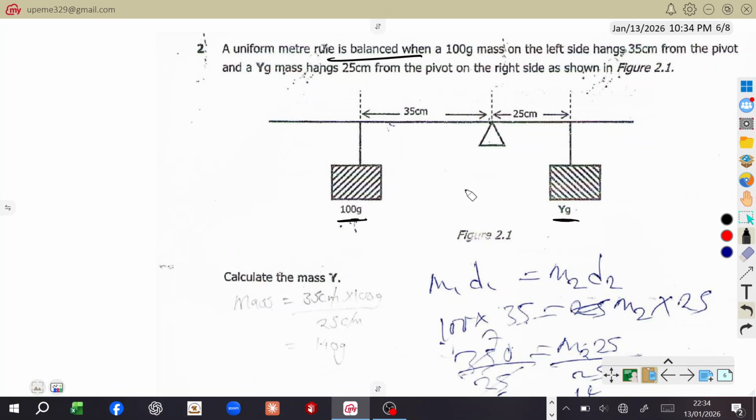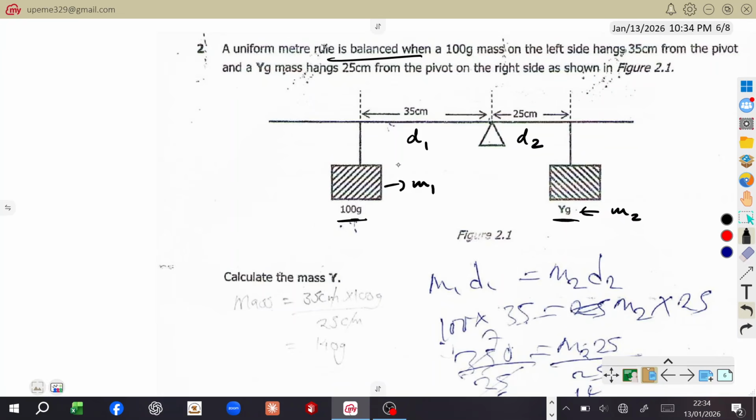So you consider this one as, let's say, mass 1. Its distance from here to the pivot is already given, distance 1, d1. Then you consider this one as mass 2. Its distance is already given there, d2.